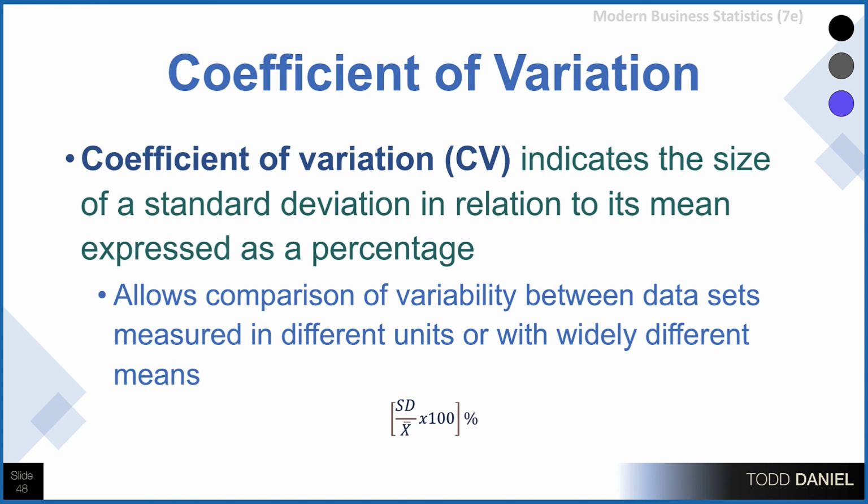As we've seen in other examples, we may get numbers like the mean and standard deviation that are very useful for interpreting a specific distribution, but they can't be compared. The coefficient of variation allows us to make those comparisons. The formula is the standard deviation divided by the mean times 100. And we add the percent sign to give us a percentage.